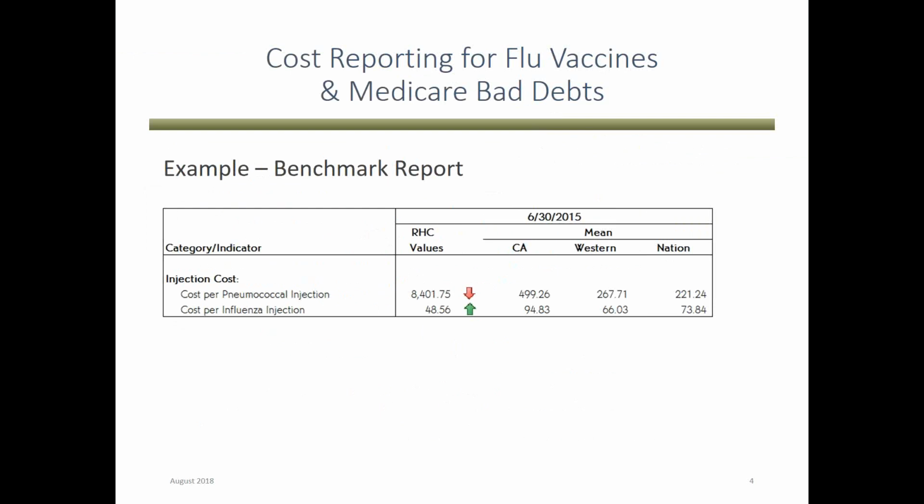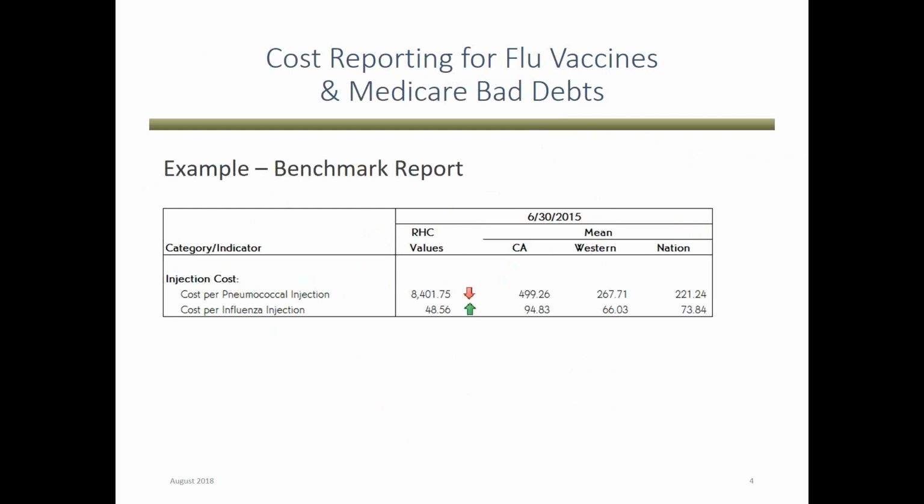And then, as you can see here also, the cost per influenza injection is very low compared to the national average. Their cost, they're saying, was $48.56, and the nation is $73.84. So as you are doing your flu vaccines and reporting it on the cost report, you should look at it as comparable to the prior year.